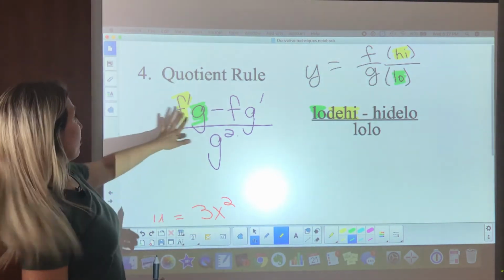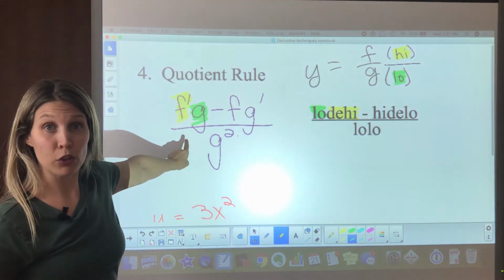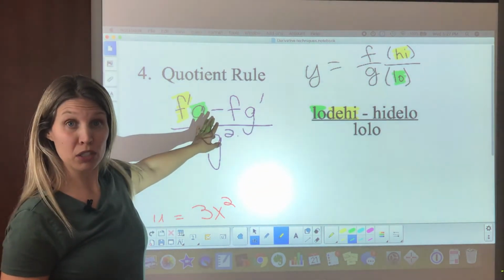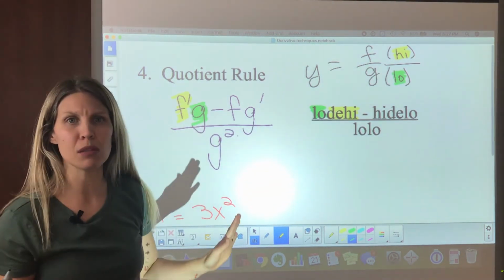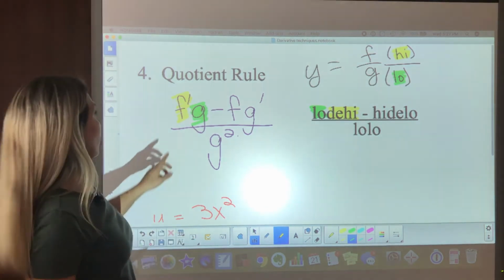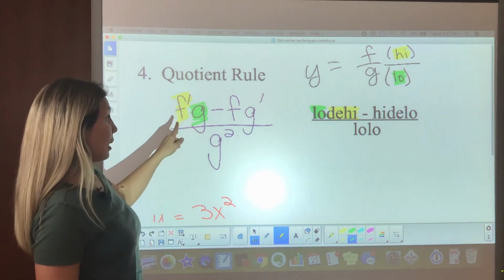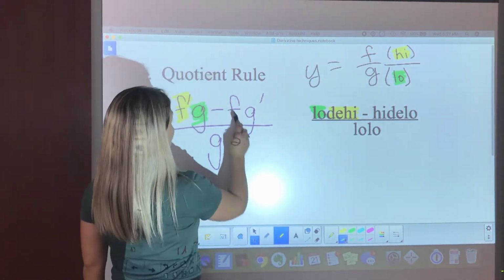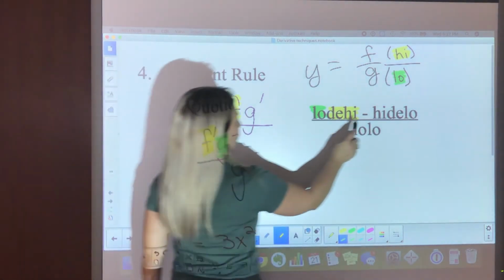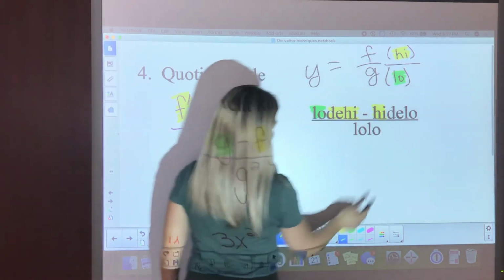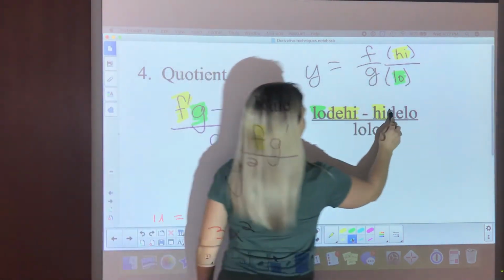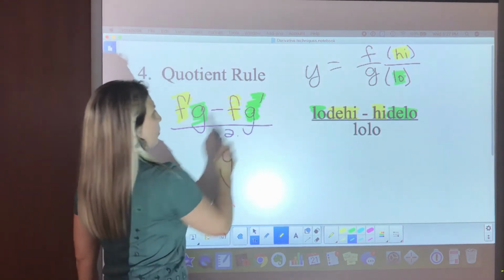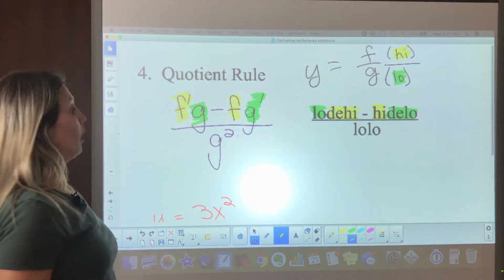times the low piece, your bottom piece. Now, does it matter over here that f prime is written first and then g, and over there we say low piece first? No, because it's multiplication. Doesn't matter which order they're written in. So this is your low d high minus, now you have your high piece, which is f. So here's your high piece. Now I want you to multiply by d low, the derivative of your low piece. That's what g prime stands for.